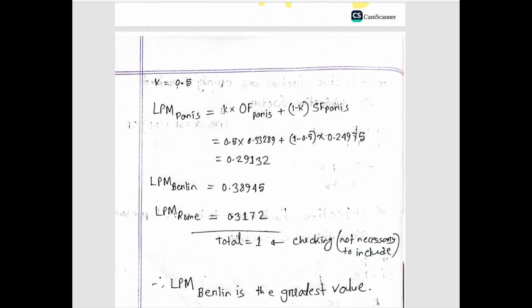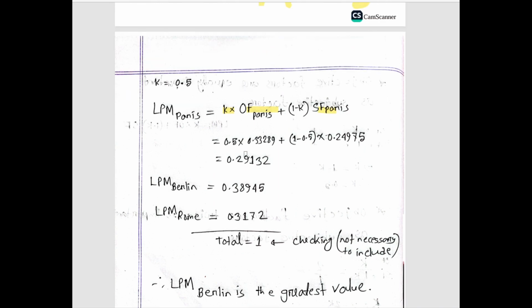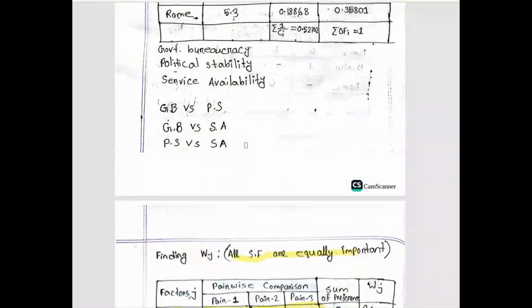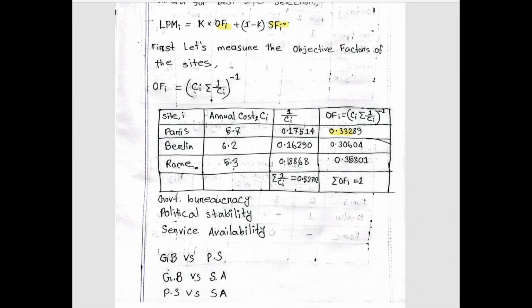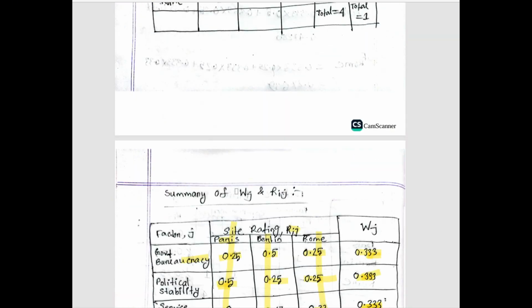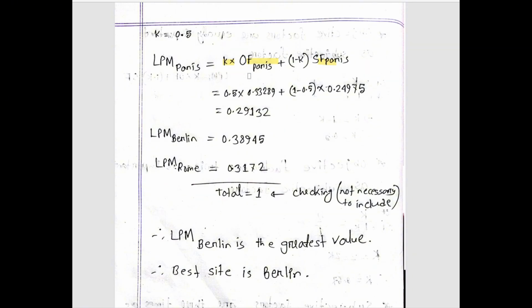Now we have found the k value, objective factors value, and subjective factors value. Now the LPM value for Paris, Berlin, and Rome we can measure. The k value was 0.5 for all 3 cities. Objective factors for Paris was 0.33289 and subjective factors for Paris was 0.24975.